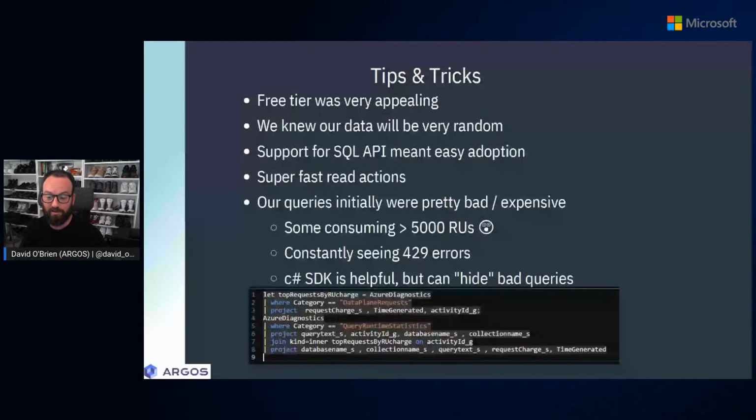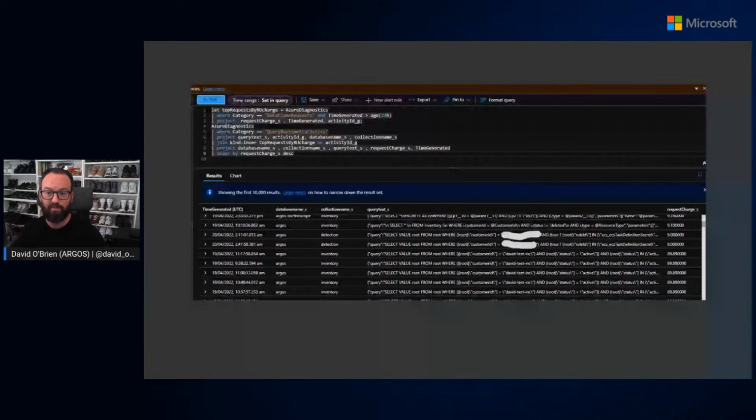Luckily we sent all our Cosmos DB metrics into Log Analytics, and we could just use this query that you can see, which is straight from the documentation. So don't worry about copying this, but feel free to take a screenshot. Take this query and see which queries were consuming how many request charges.